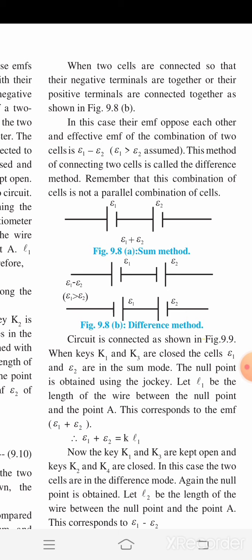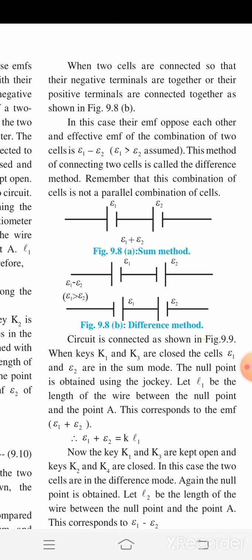When the two cells are connected so that their negative terminals are together and their positive terminals are together, as in figure 9.8b, their EMFs oppose each other, and the effective EMF of the combination is E1 minus E2. This is called the difference method. Remember always that this combination of cells is not a parallel combination of cells.